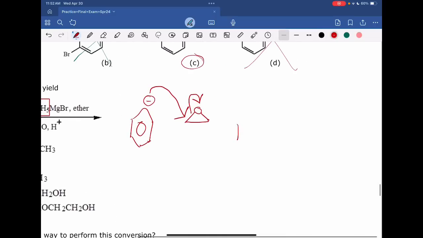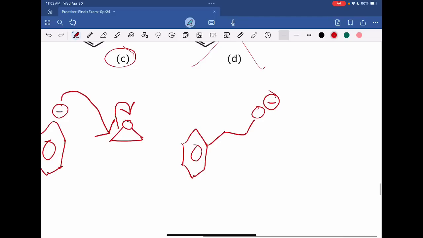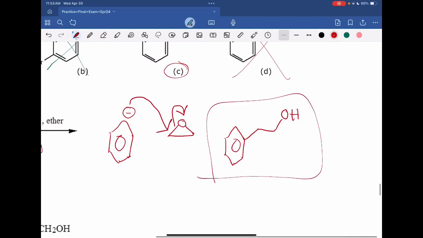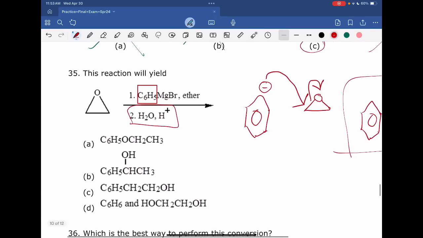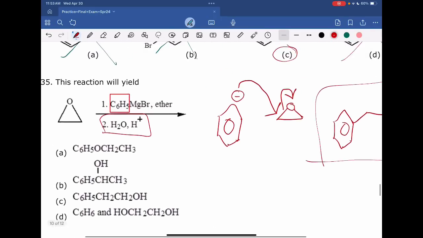And you will get this O minus, and then you neutralize with acid, so this minus will just become OH. So this is your end product. They're not drawing it here, so we have to figure out what the formula is.